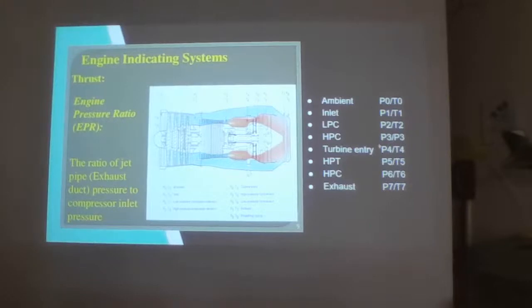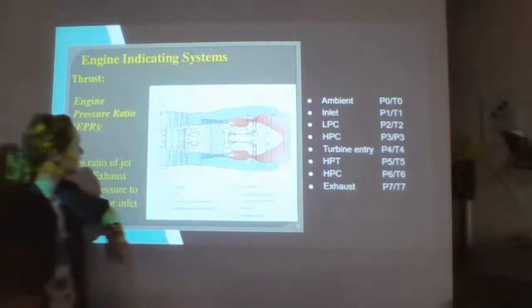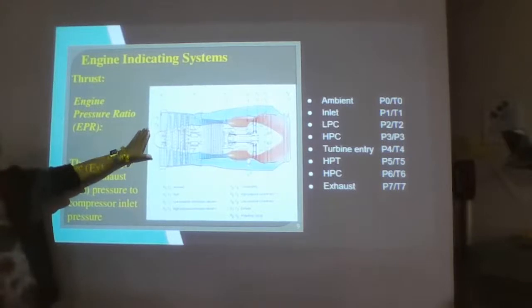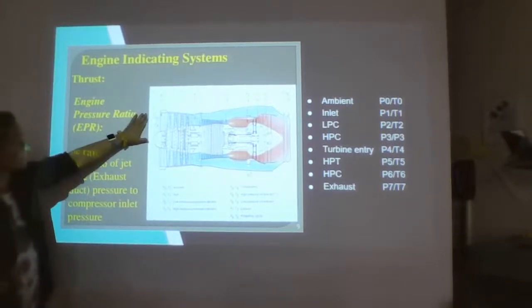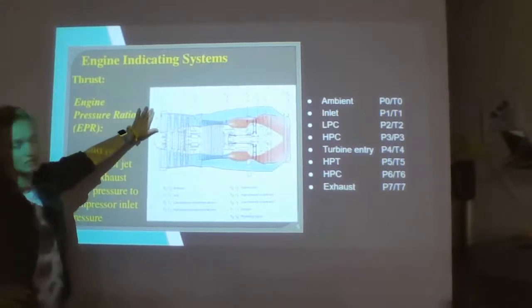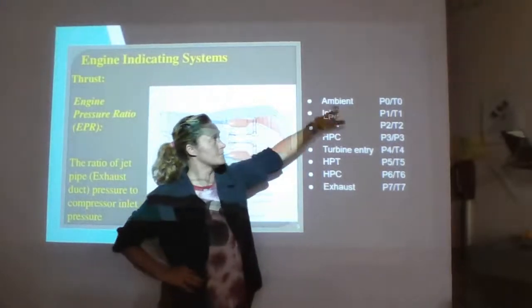I know this slide is probably a little hard to see on the video, so I wrote a little key over here. This just goes from the front of the turbine engine to the back of the turbine engine, and it's giving an example of where all of the pressure and temperature probes would be. Out here, it has a PT0, which basically means ambient air.